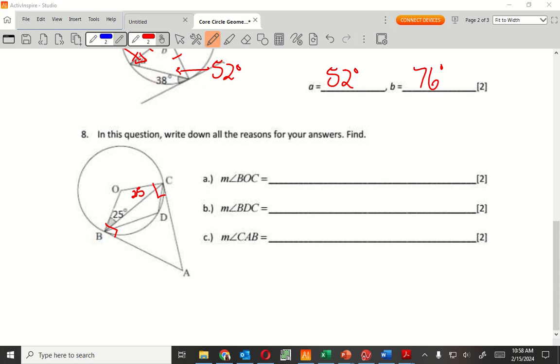Are you missing something? Someone help me out. Where's it at where it says the two arcs, where we're finding the arcs, inside and outside.